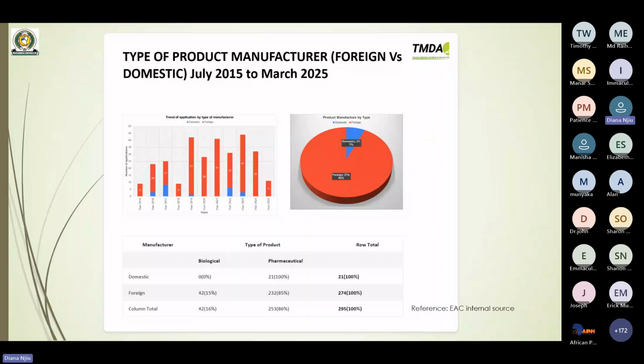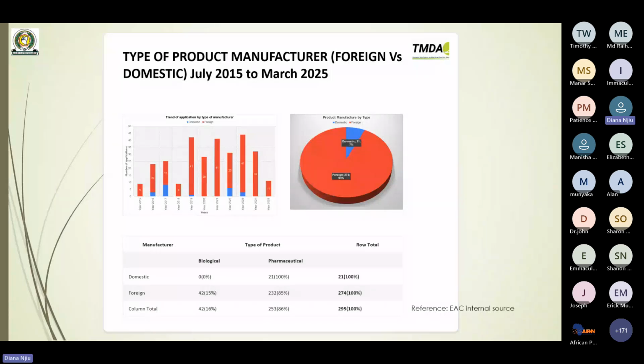And you can see for different years from 2015, which years we received more domestic and more foreign dossier applications up to year 2025. And when we compare between the biologicals and the pharmaceuticals, we have more number of the pharmaceuticals compared to the biological products. And of course, there are more numbers from the foreign applicants compared to the domestic.